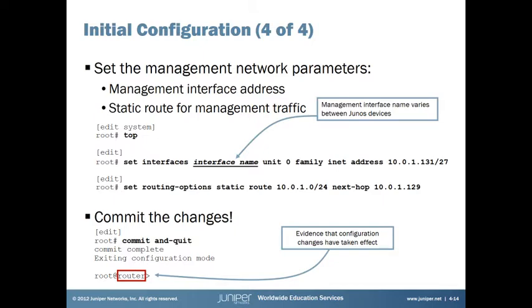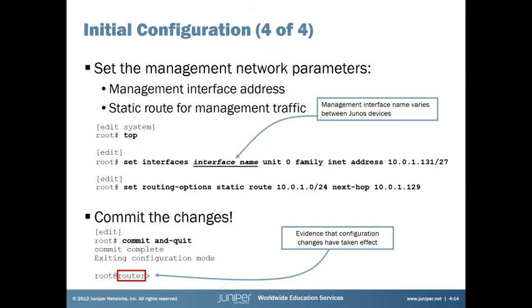This is the logical interface, unit 0. I could have put unit 1, unit 2, unit 101, unit 500. Okay, so whatever the unit is. So I'm specifying which logical interface I'm configuring. If you're only using one, then it's always unit 0.